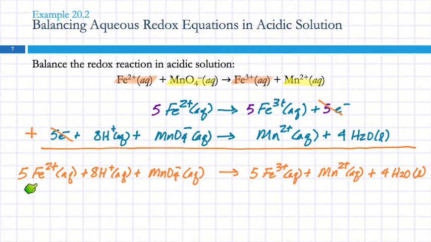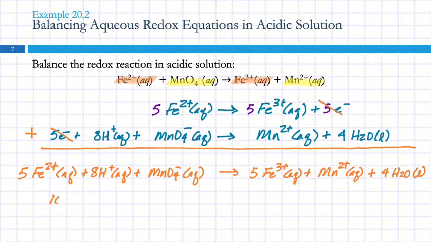So we can check this, right? 5 Fe, 5 Fe. 8 H's, 2 times 4, 8 H's. 1 Mn, 1 Mn, 4 oxygens, 4 oxygens. And we can look at the charges. So this is 5 times 2 is positive 10, and positive 8, right?